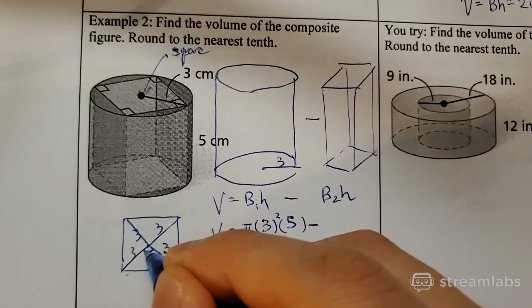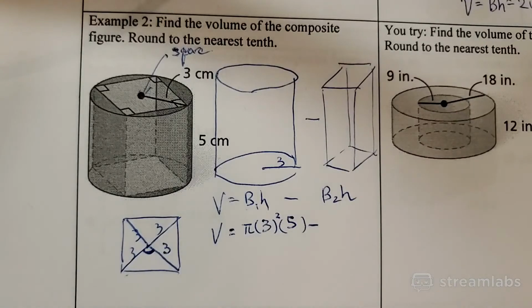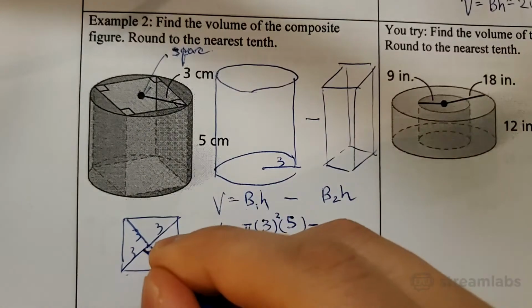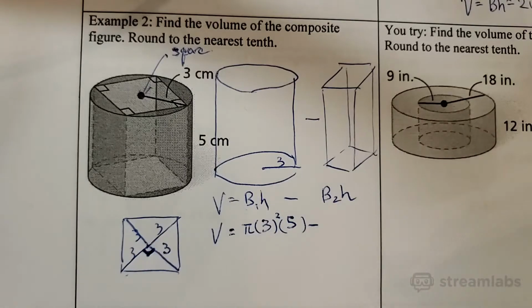What angle is this angle? What kind of angle? 90 degrees. If it's 90 degrees, then naturally this is a right triangle.